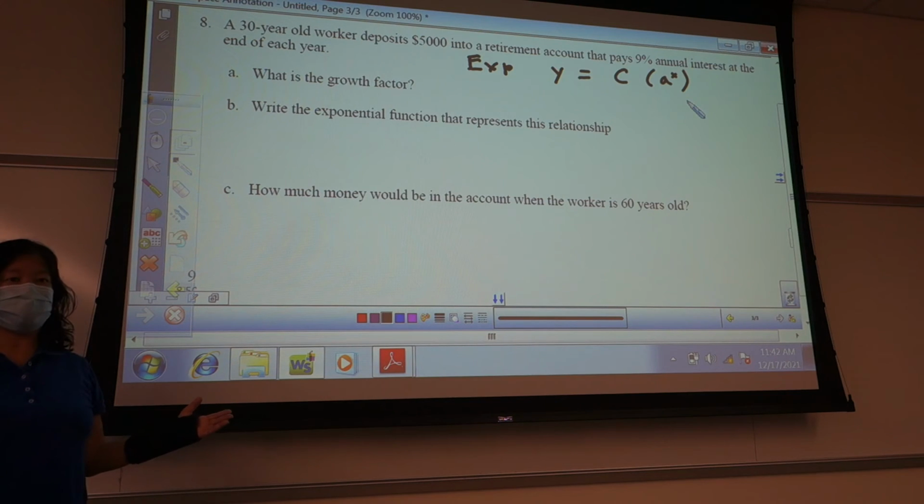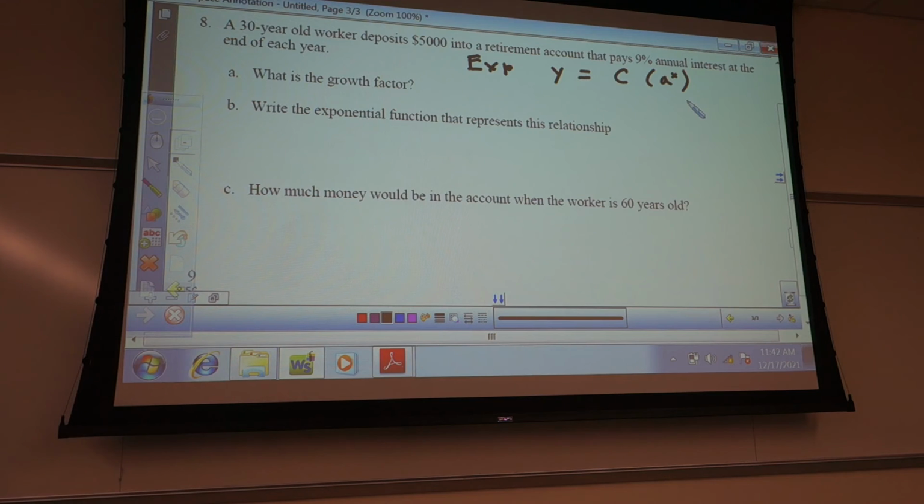Your initial amount, the Y-intercept. So C is your initial amount. You should know that; that's on you to know. And then what's A? Your growth factor, or decay factor if it goes down. Exactly, the factor, the thing you're multiplying.